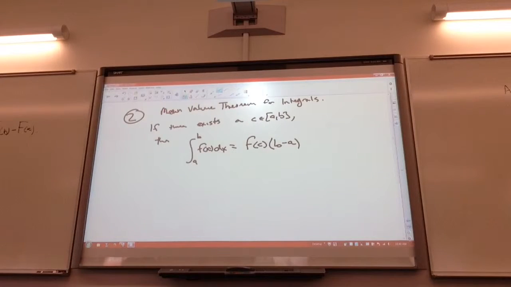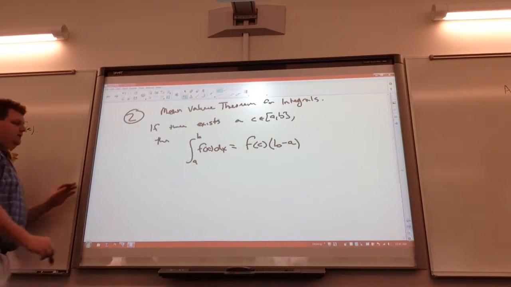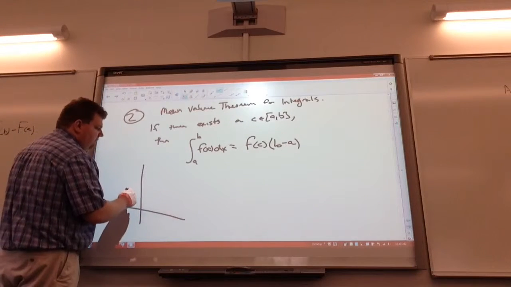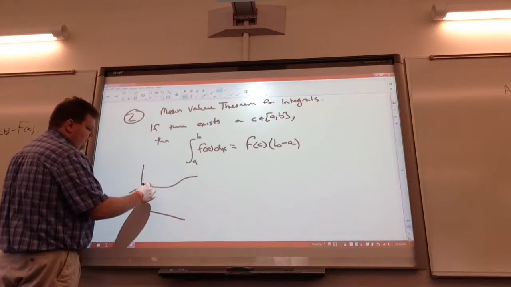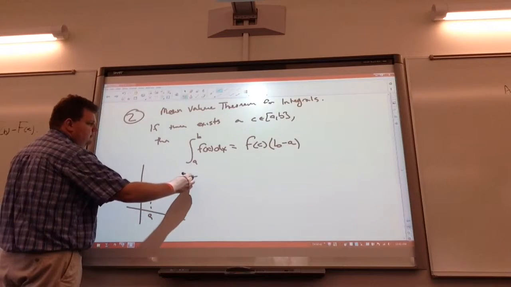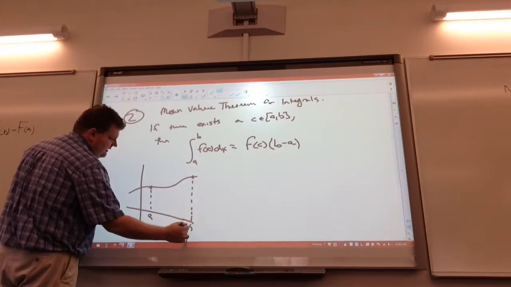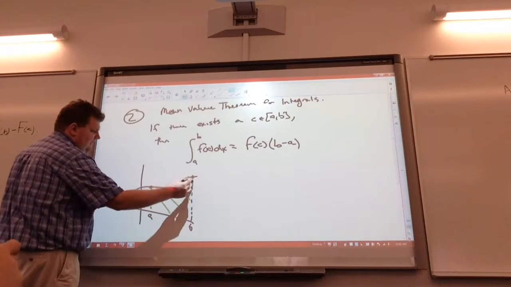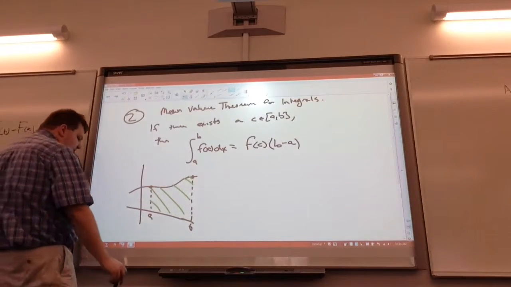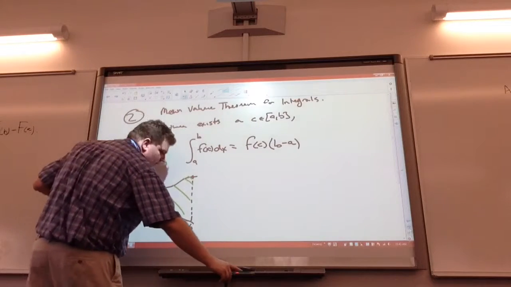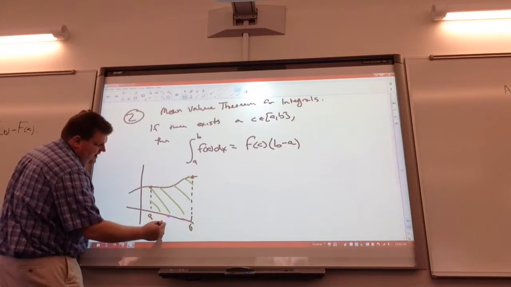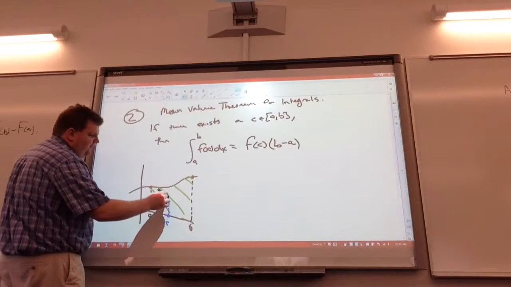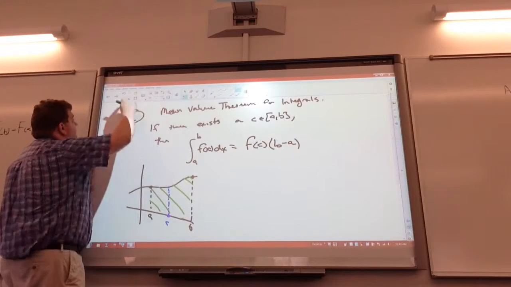Essentially, I drew a little picture of it up here for earlier classes, so I'll just reproduce the picture over here. If I have the integral from a to b, if I were to shade in that area, that zone is equal to a rectangle made from some point c in between.